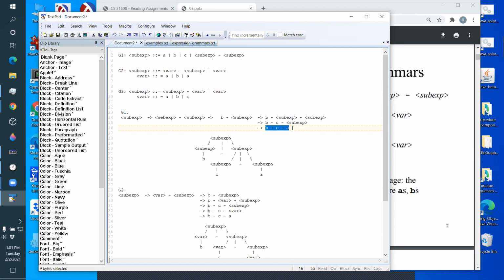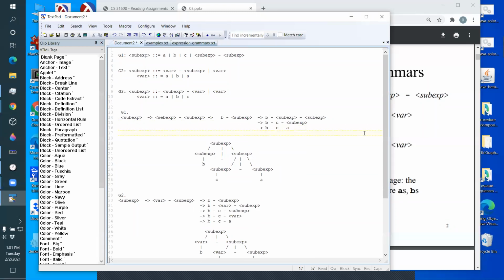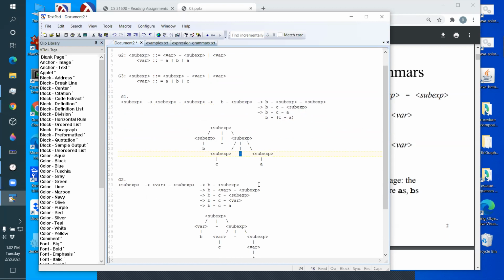So see this expression here? This tree is basically saying that it's grouped like this. B minus, then the C minus A are grouped together. Because see, they're lower in the tree. So this subtraction is grouped on the right.